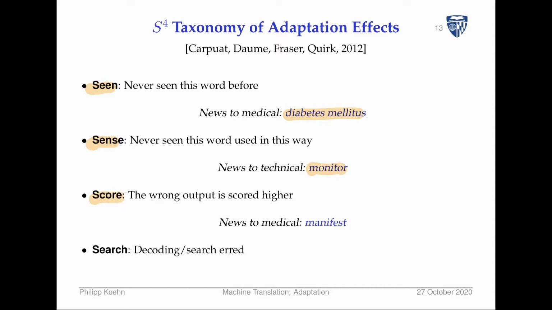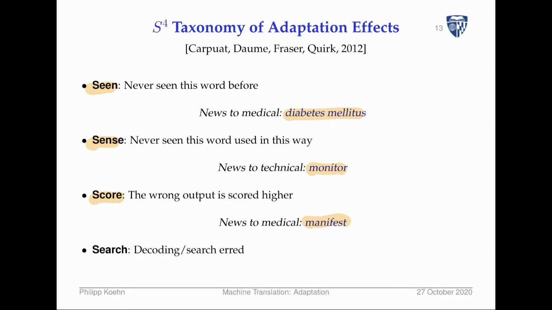Then score errors. This is the problem where you move from one domain to another, and in one domain it prefers one translation, but in another it prefers another translation. For instance, the word manifest might have a preferred meaning in news and a different preferred meaning in medical. They might both occur in these corpora, but the preferred meaning is in the narrow domain.